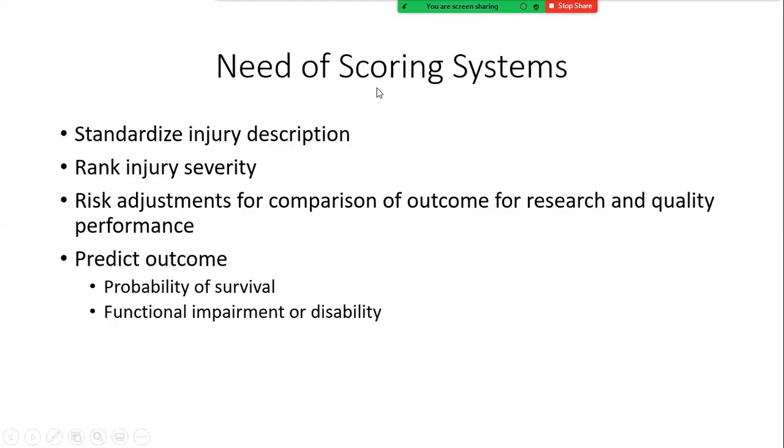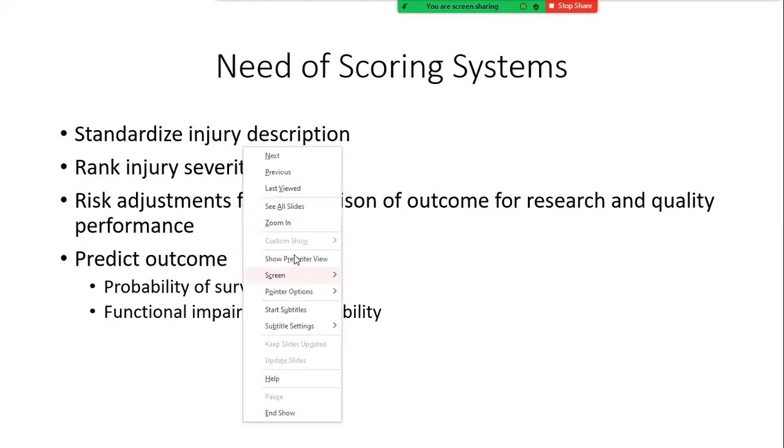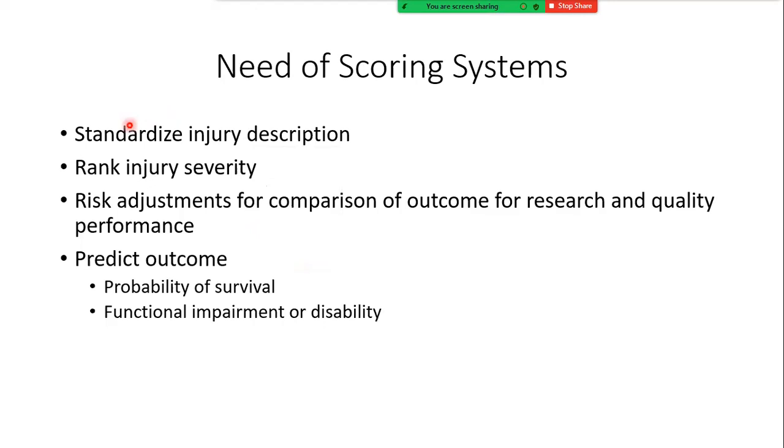What is the need of a scoring system? It is to standardize the injury description first. Then we can rank the injury severity, and then do risk adjustment for comparison of outcome.